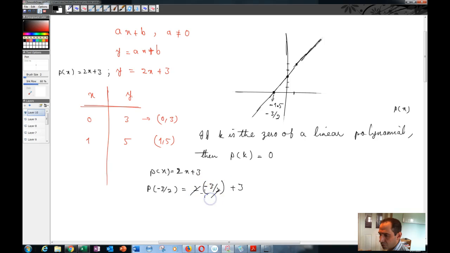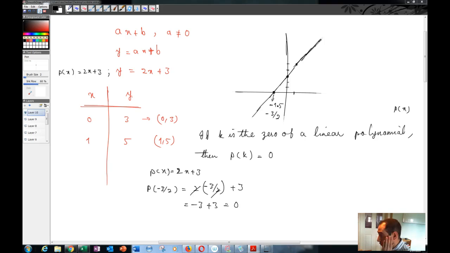And these two will cancel out. You have negative 3 plus 3 is equal to 0. So that means that negative 3 by 2 is actually the zero of this polynomial.